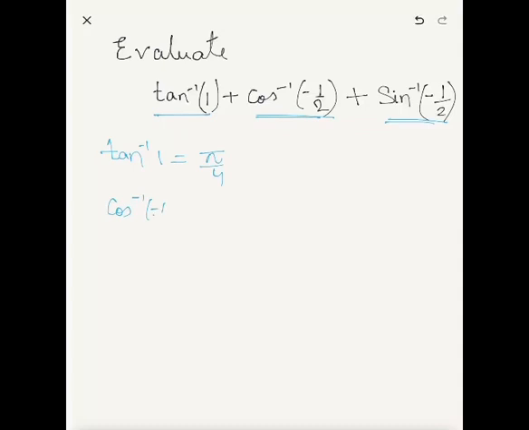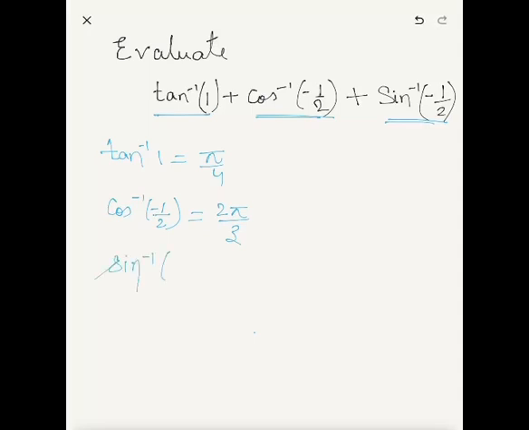Okay, don't go beyond 0 to pi. So at what value you will get minus half? In the second quadrant, isn't it? Because in the first quadrant all are positive. So what will be your angle? 120. How do you write 120 in radian? 2 pi by 3.